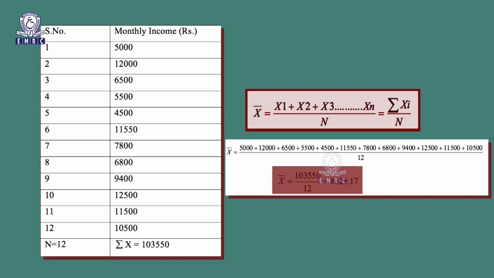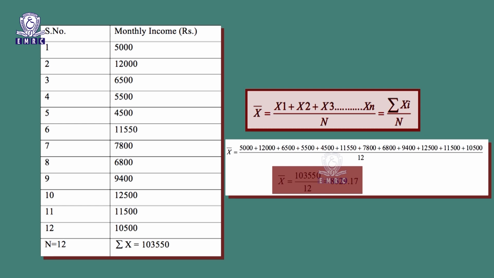So, x bar is equal to 5,000 plus 12,000 plus 6,500 plus 5,500 plus 4,500 plus 11,550 plus 7,800 plus 6,800 plus 9,400 plus 12,500 plus 11,500 plus 10,500 divided by the number of people, that is nothing but 12.